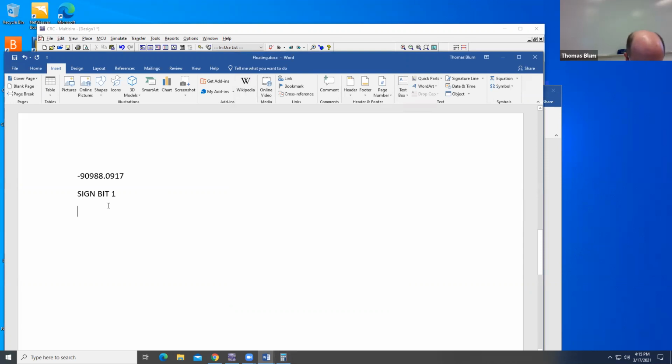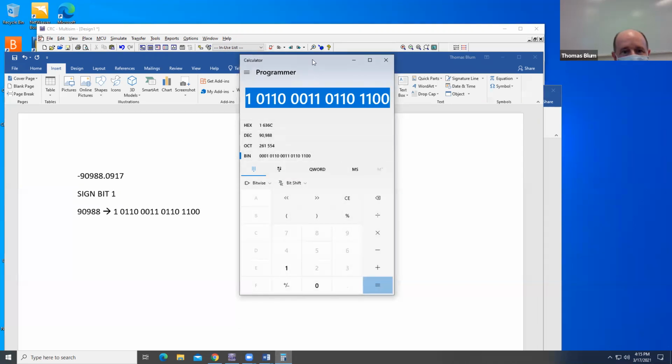So 90988 goes in binary to here. I don't have to do any funny minus sign stuff. I'm done with the minus sign. Sign bit was 1. Done with the sign. Don't talk about it anymore.